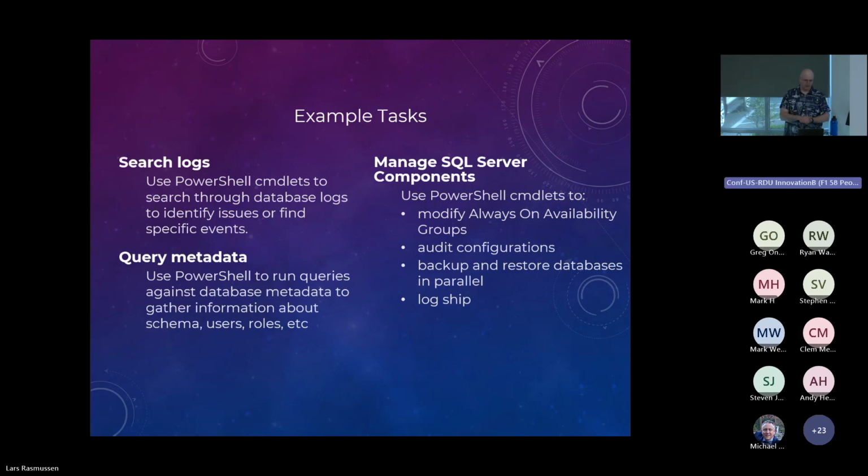That includes older versions of PowerShell. Most of what I'm going to be showing you, not all of it, will work on PowerShell 3 and up. Some of it may even work on PowerShell 2 and up. So if you've got some servers that can't be updated, or for whatever reason you're using these older versions of PowerShell, 5.1, 3.0, any of those, these techniques will still work for you.